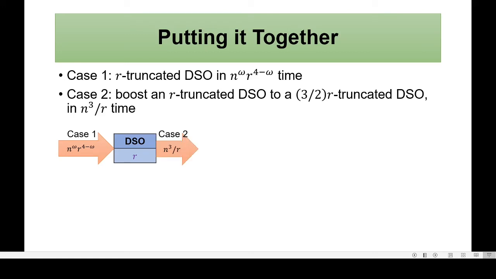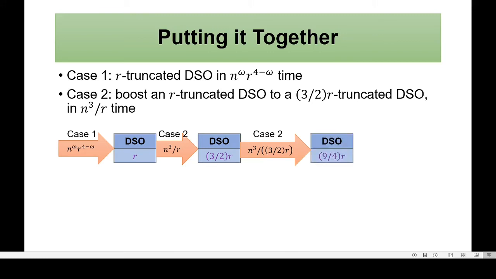Then we invoke case 2, which takes n cube over r times to boost it to a 3/2 r-truncated DSO. We invoke case 2 again, and we get a 9/4 r-truncated DSO, and so on. After log n invocations of case 2, we get an n-truncated DSO, which is what we want.